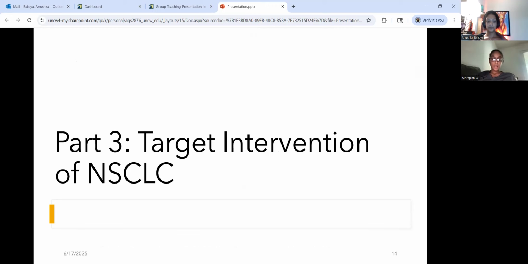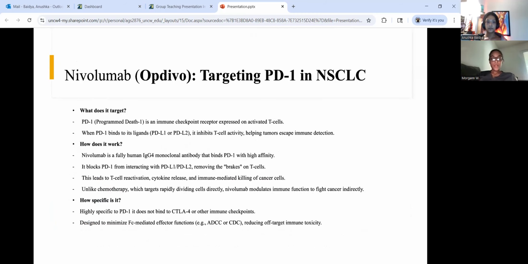All right, so wrapping up, we're just going to talk about the target intervention of NSCLC. So as we touched on earlier, the Opdivo treatment targets specifically the PD-1 within NSCLC, which, like I stated, is also known as programmed death 1. This is an immune checkpoint receptor that is on T cells.